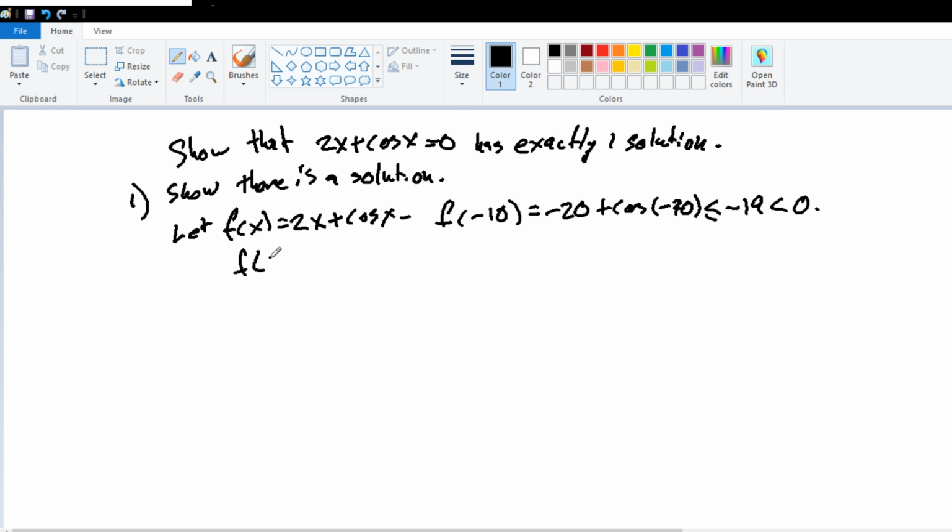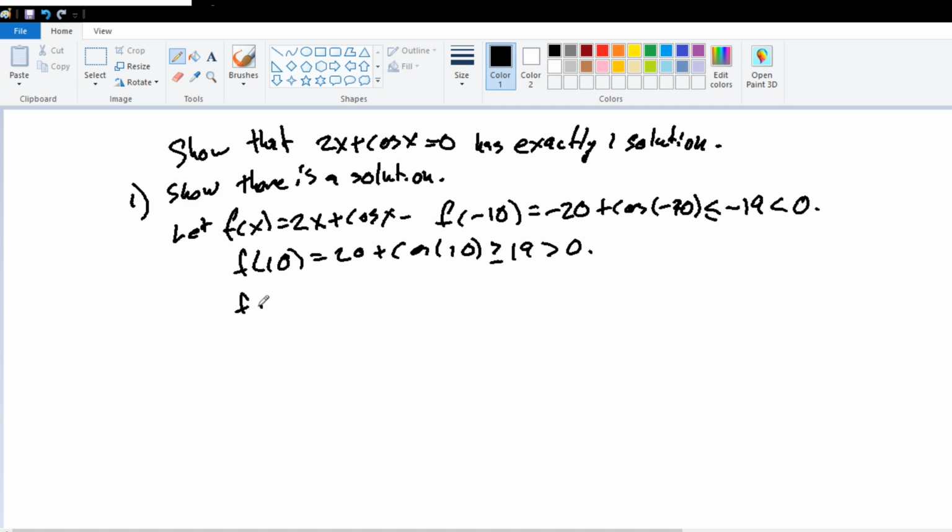And then f of 10 is equal to 20 plus cosine of 10. And cosine is never smaller than negative 1, so this is going to be greater than or equal to positive 19, which is greater than 0.